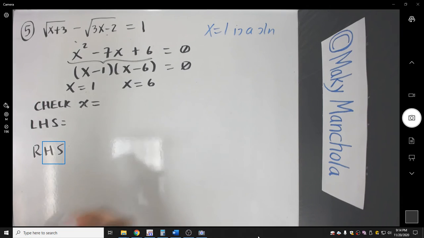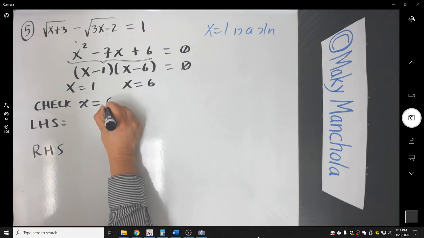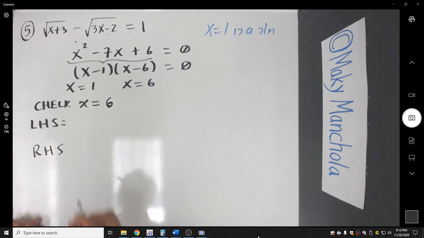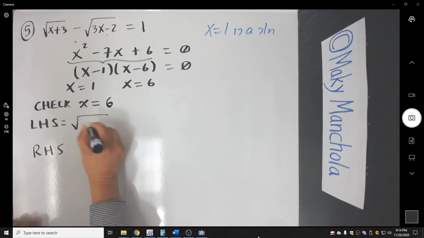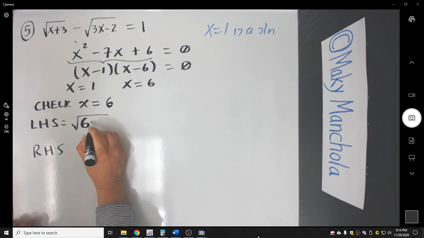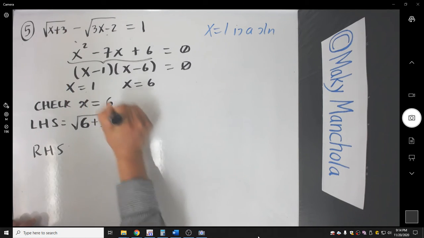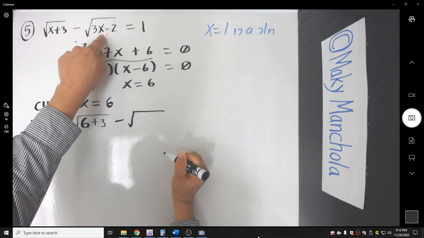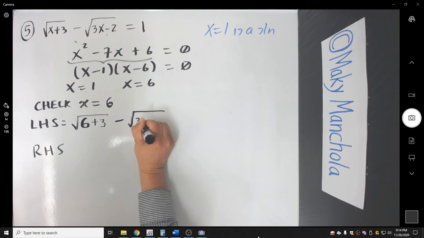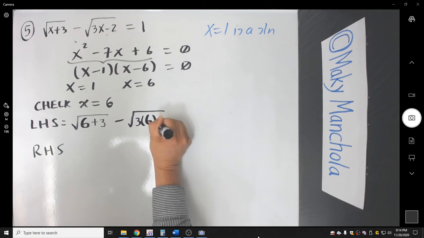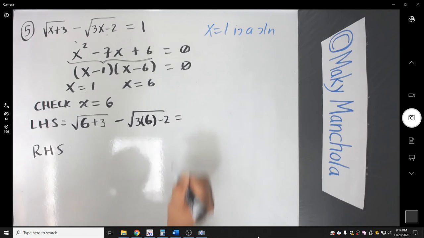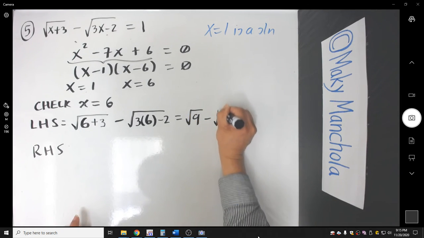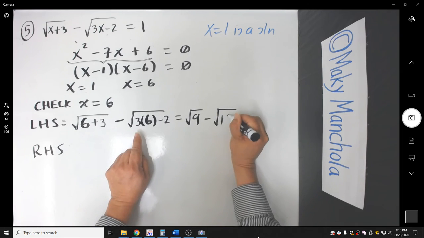So check x equals 6. When we plug in x equals 6 in our left hand side, we obtain the square root of 6 plus 3 minus the square root of 3 times 6 minus 2, which equals the square root of 9 minus the square root of 16.